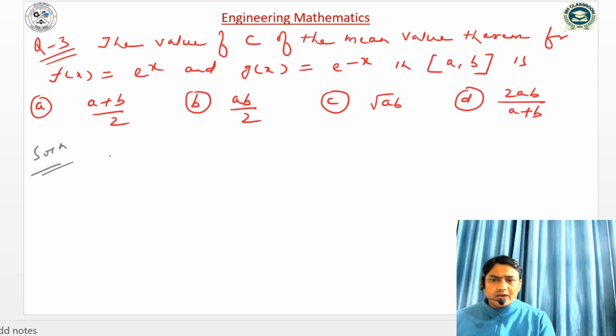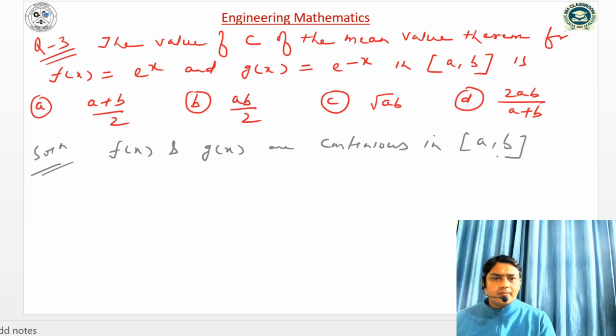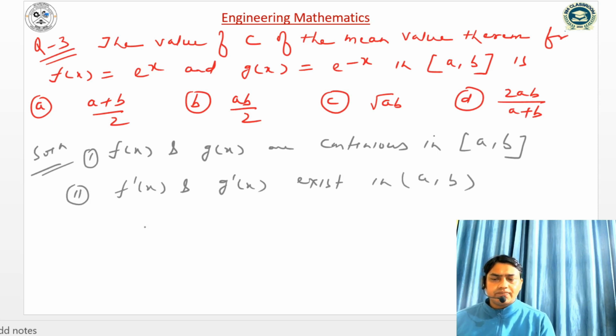So here we can apply: f(x) and g(x) are continuous in the interval a to b. First condition. Second condition, f'(x) and g'(x) exist in the interval a to b.